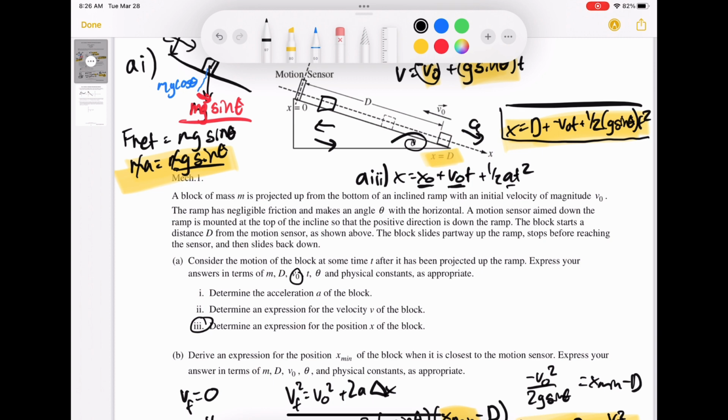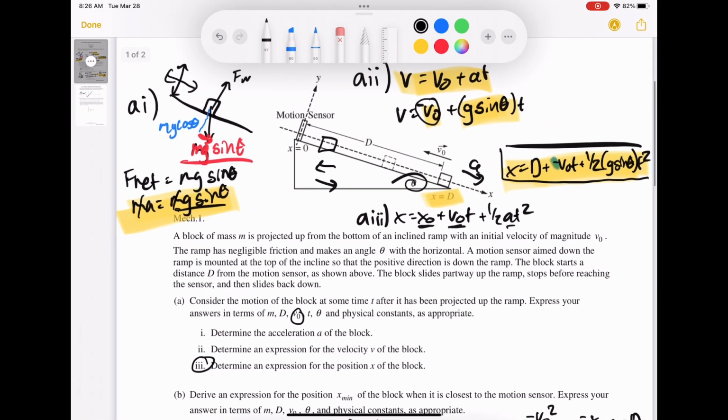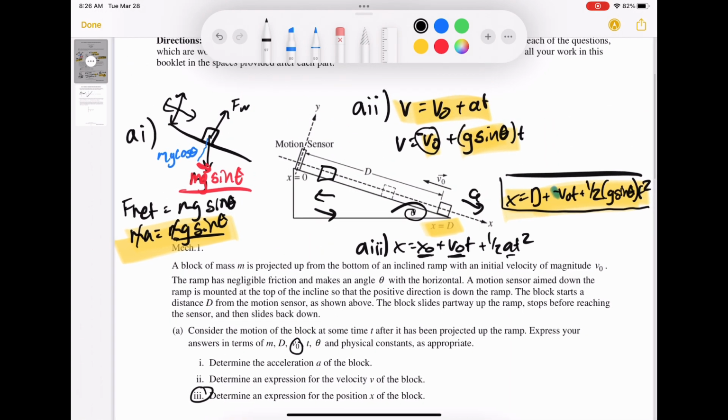Now remember, v naught was negative, so we have this negative v naught. I've made a mistake here, and you can probably point it out. It's not supposed to start at a positive number. It needs to start at a negative number, so it would be negative v naught, and then it will travel up to this top value. It is really important to make sure you have that negative v naught.